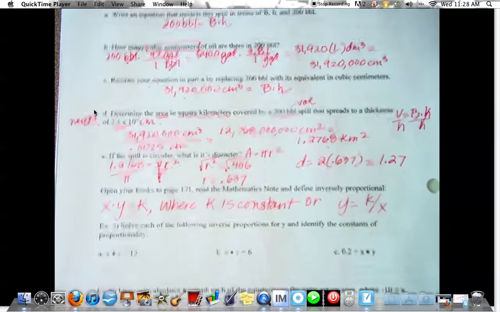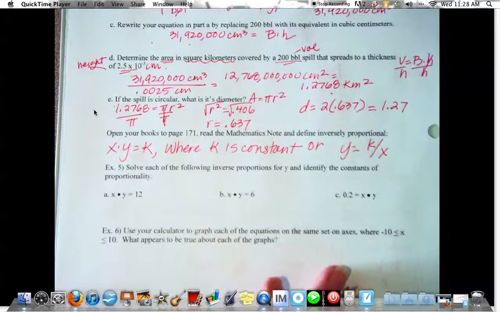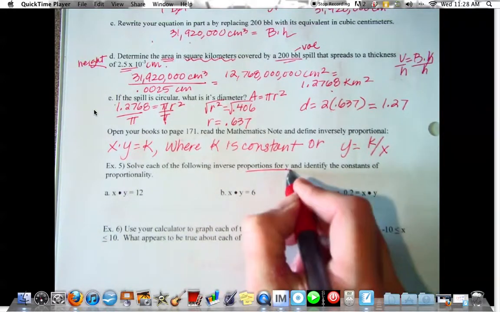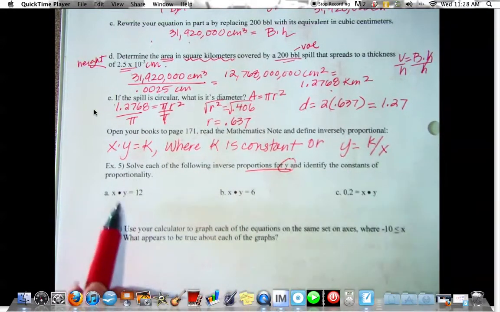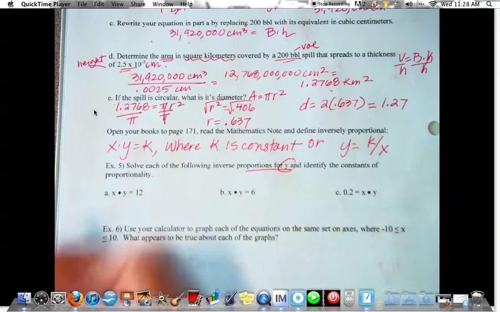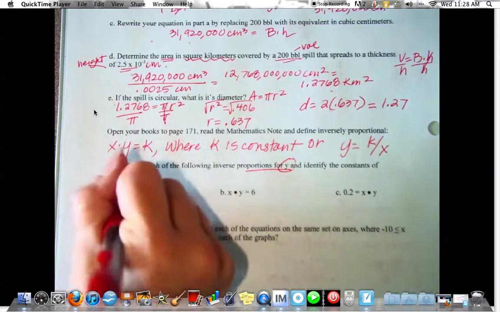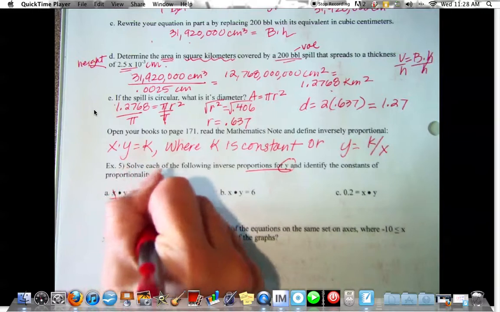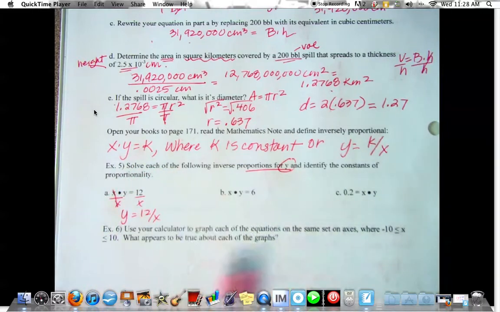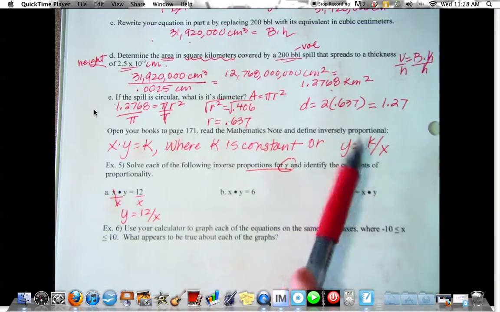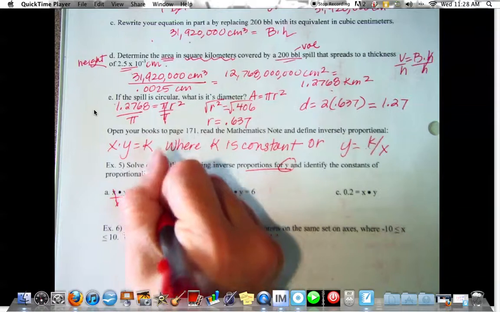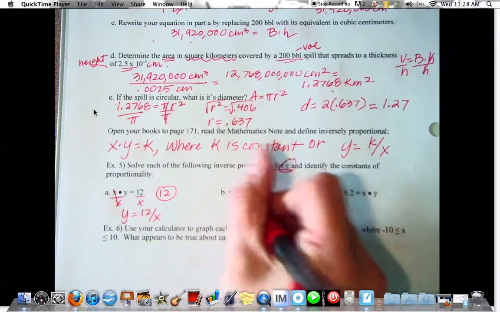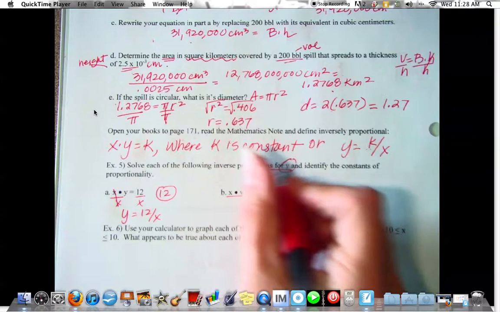Solve each of the following inverse proportions for y and identify the constants of proportionality. So we're trying to solve for y. So x times y equals 12. So on both sides, we need to divide by x. So y equals 12 divided by x. And our constant of proportionality is the number on top, and that is 12. B, divide both sides by x.